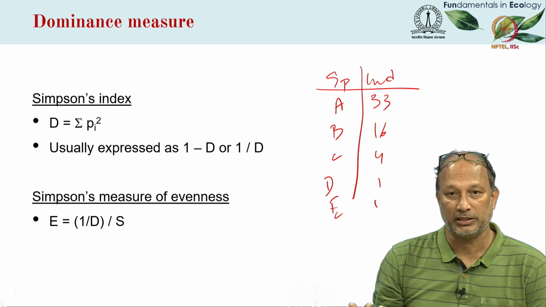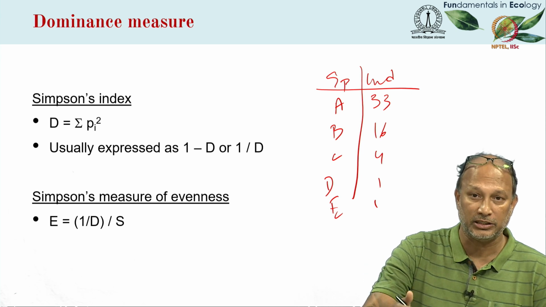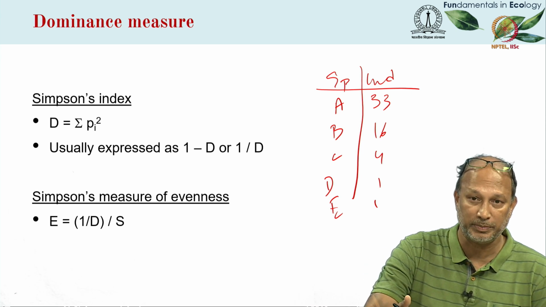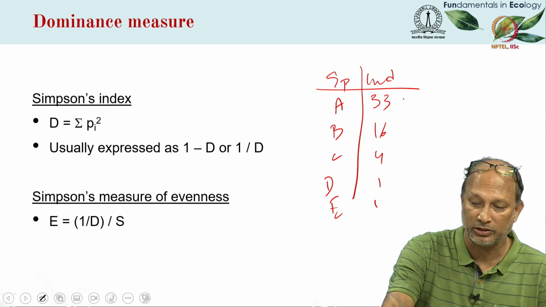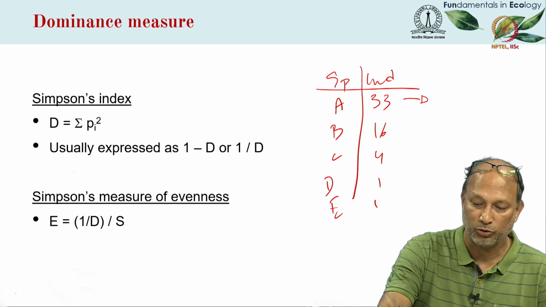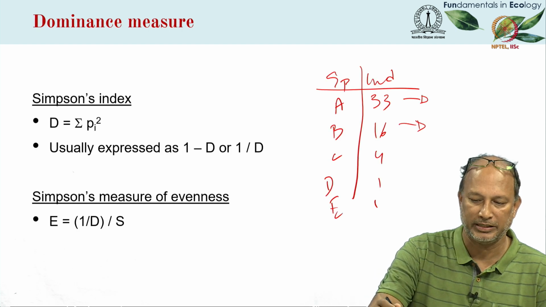Now, when you use the Shannon's index, it will be sensitive to changes in the numbers of even the rarer species, or even if you add a rare species. The Simpson's index tends to be influenced very strongly by what happens to the most common species and perhaps the second most common species.